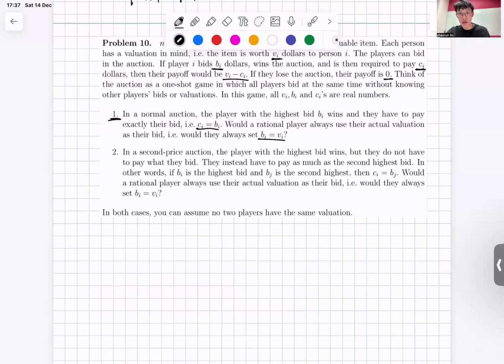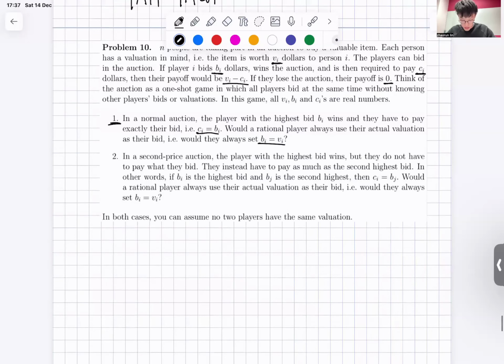So I will also bid my valuation as my bid. So in a second price auction, all rational players will use their actual valuation as their bid. So this is for problem 10.